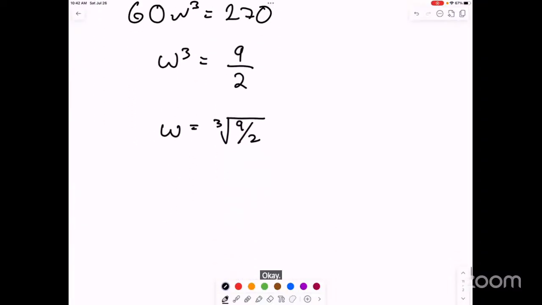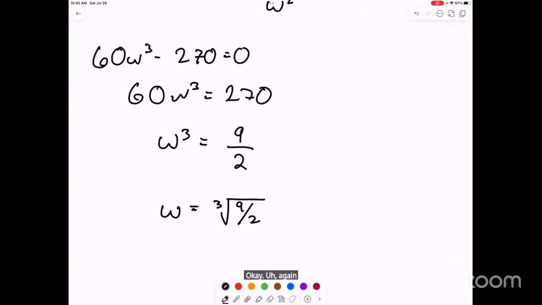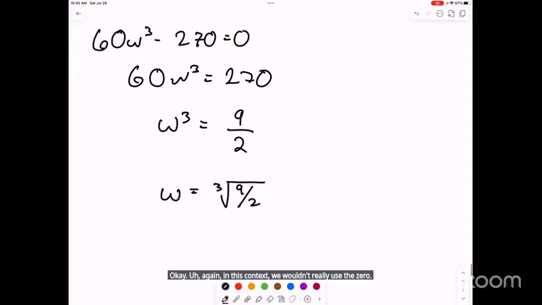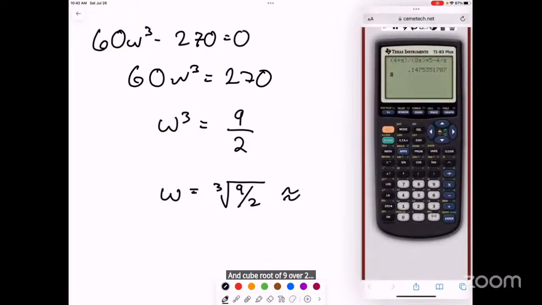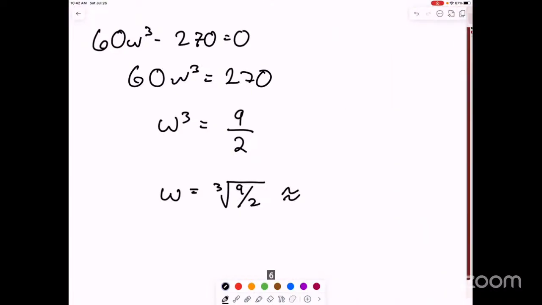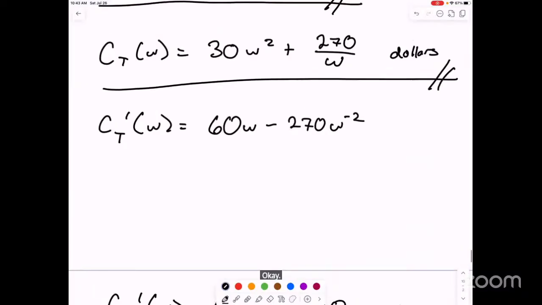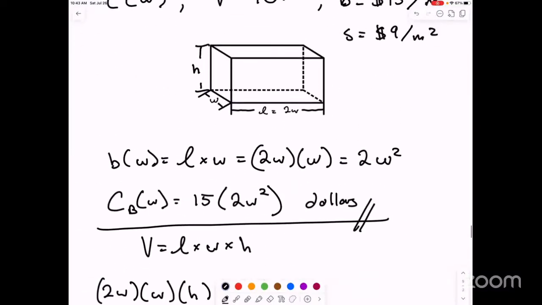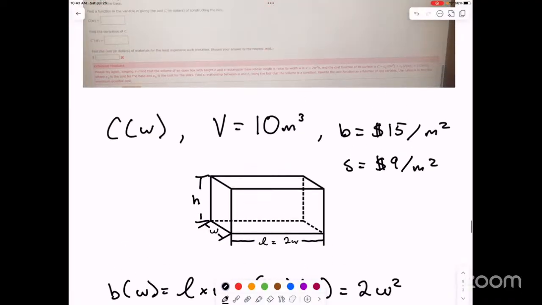Okay. Again, in this context, we wouldn't really use the 0. And cube root of 9 over 2 is about 1.6596 meters.